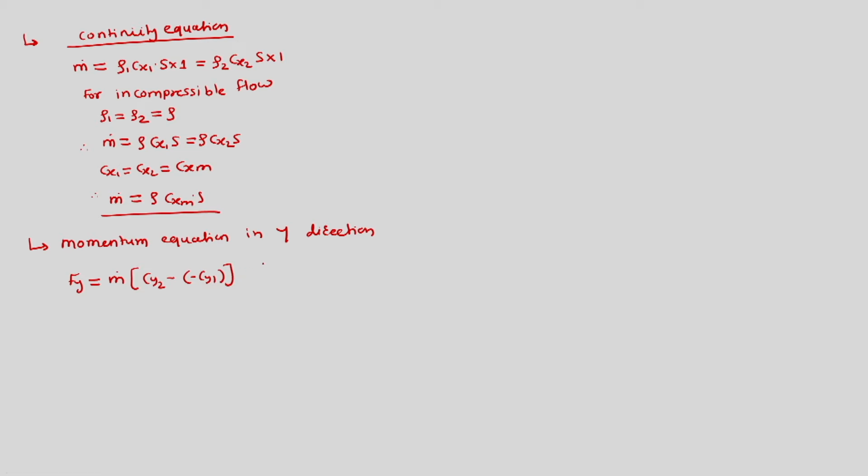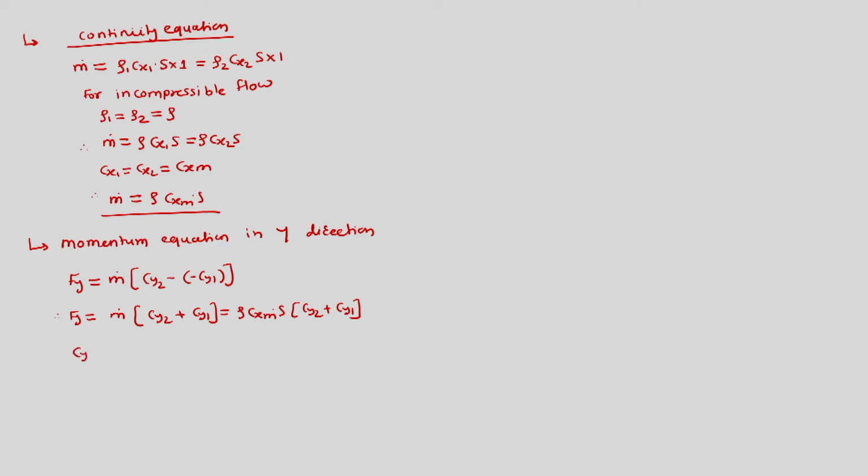So, this is Fy, and Fy is equal to m dot into Cy2 plus Cy1. We can put in the expression for m dot, rho Cxm S, into Cy2 plus Cy1.